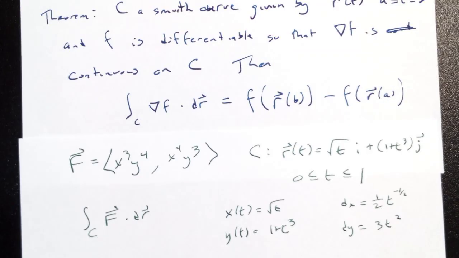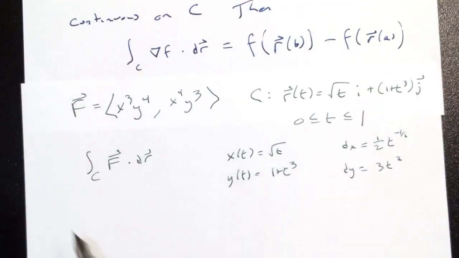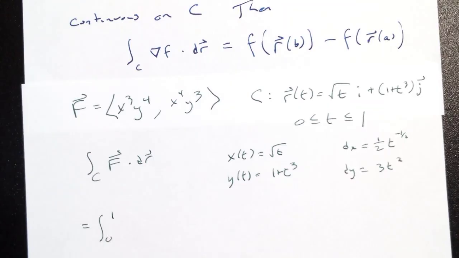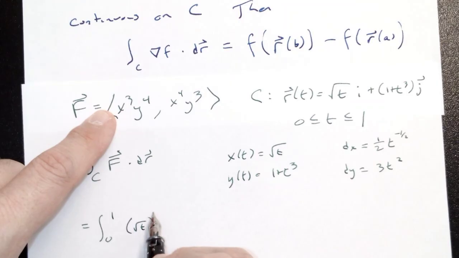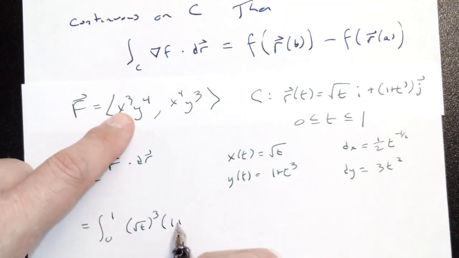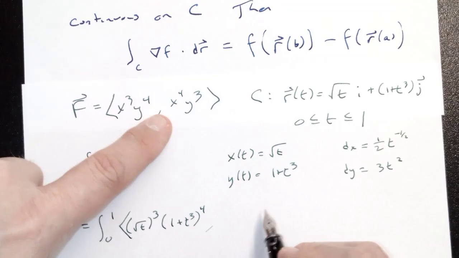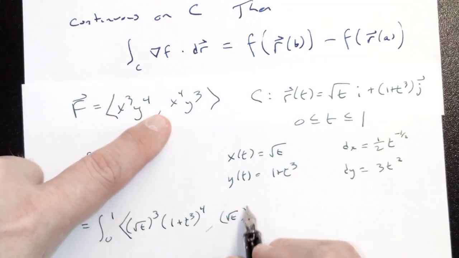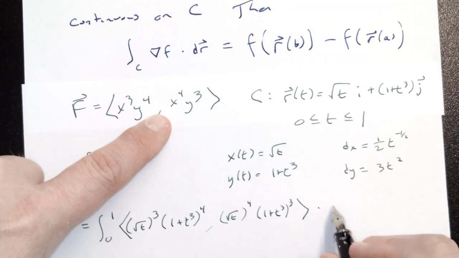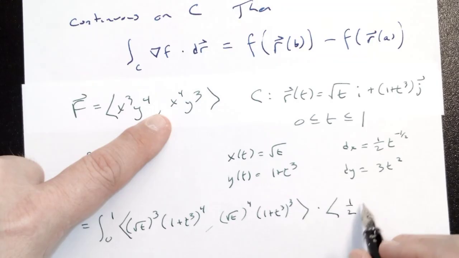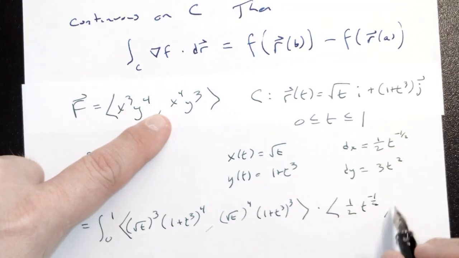And then I would have to do the integral from 0 to 1 of x cubed y to the 4th, comma, x to the fourth, y cubed, dot, dx, dy, dt.